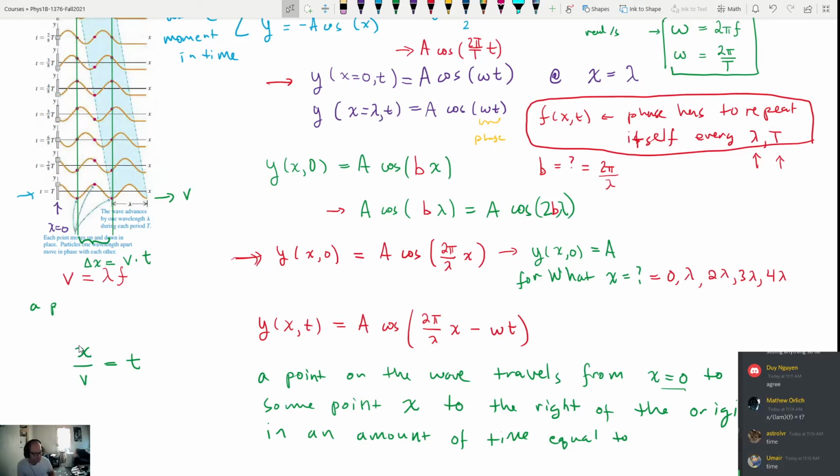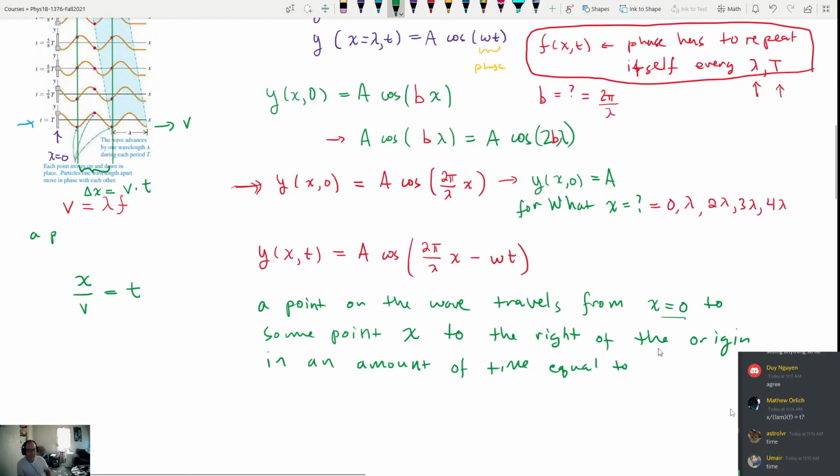So what that means is that the motion of the point at x equal to 0 is going to be the same. Wait, how do they say this? So the motion of point x at time t is the same as the motion of point x equal to 0 at the earlier time t minus x over v.